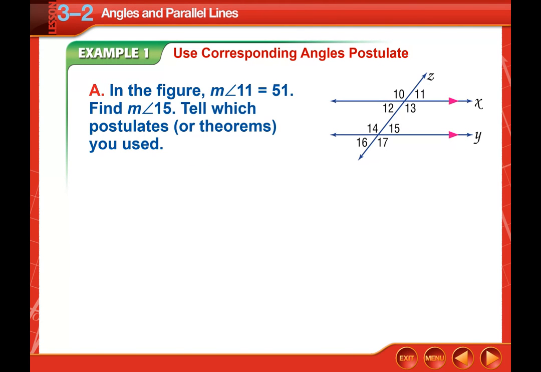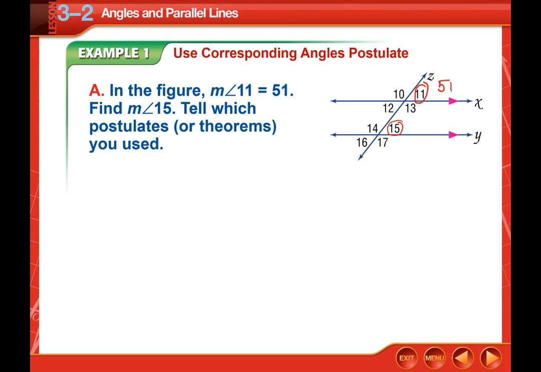So let's use this corresponding angles postulate to determine some measures here. In this figure, the measure of angle 11 right here is 51. We need to find the measure of angle 15. Tell which postulates or theorems you used. We just went over the corresponding angle postulate. Angles 11 and 15 are corresponding angles.